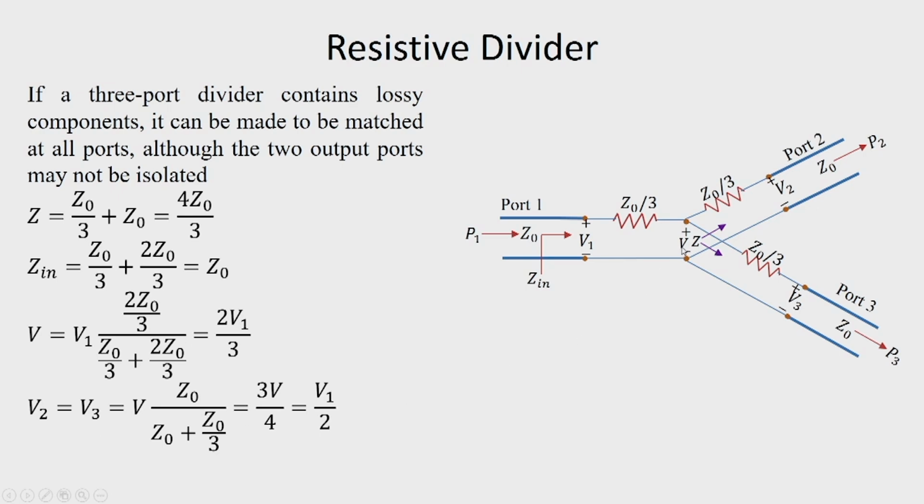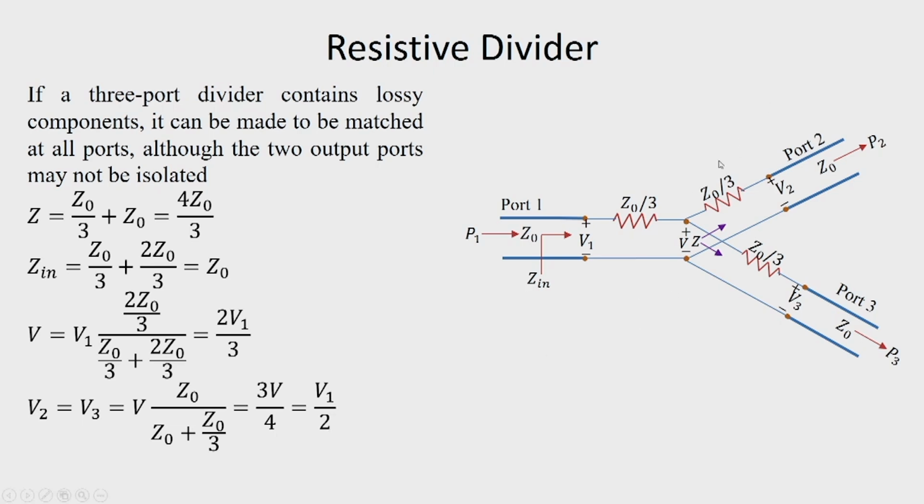If voltage here is V, then V2 will be Z naught divided by Z naught plus Z naught by 3 into V, and this comes out to be 3 V by 4, and if you substitute V, it becomes V1 by 2.